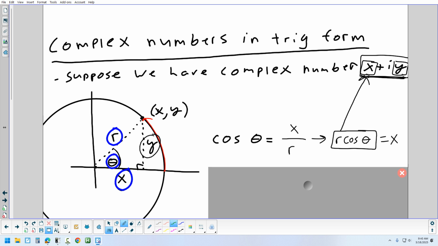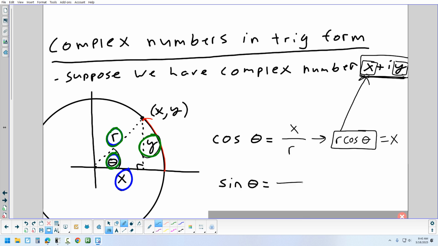Now, let's look at using this angle and this side, with a different trig function that would involve y. What trig function would involve y? Yep, sine. So we're going to do sine theta equals, and what would go on the other side, Courtney? It would be y over r, and I want to do the same thing.